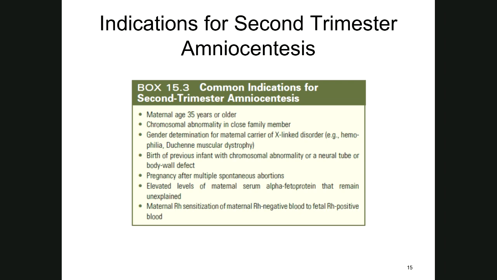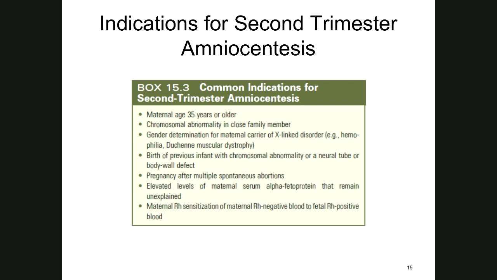When that lecithin to sphingomyelin ratio is at about 2-to-1, then we can say that there's sufficient surfactant to allow for fetal lung expansion. There are a few different components that we test for, but this is the big thing that we're looking for in an amniocentesis. We're looking at that LS ratio.